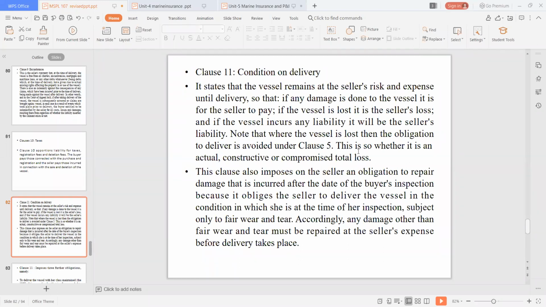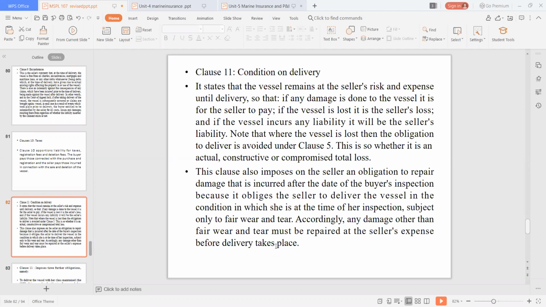whether it is an actual, constructive, or compromised total loss. This clause also implies on the seller an obligation to repair the damage that is incurred after the date of the buyer's inspection, because it obliges the seller to deliver the vessel in the condition in which she was at the time of her inspection, subject only to fair wear and tear.